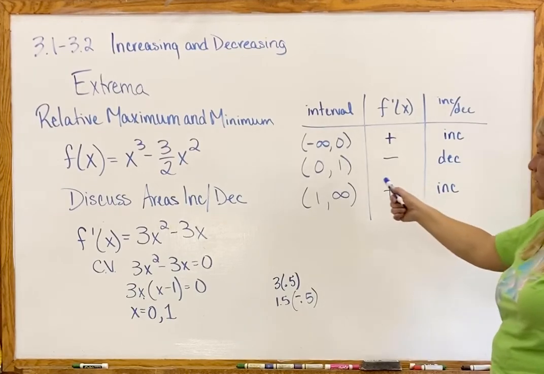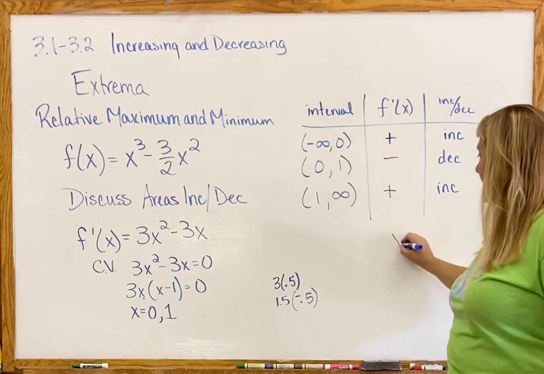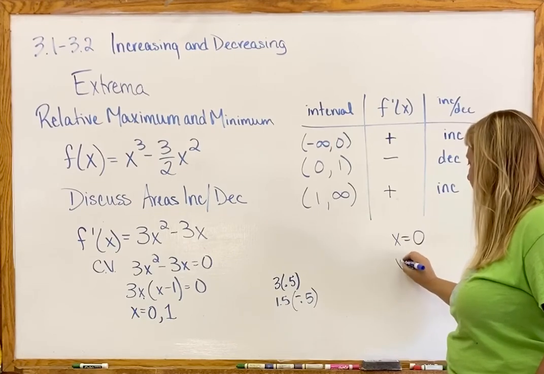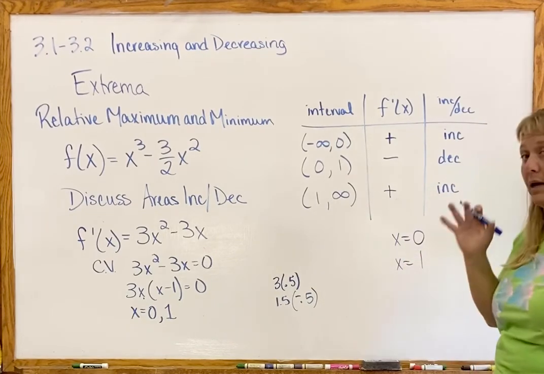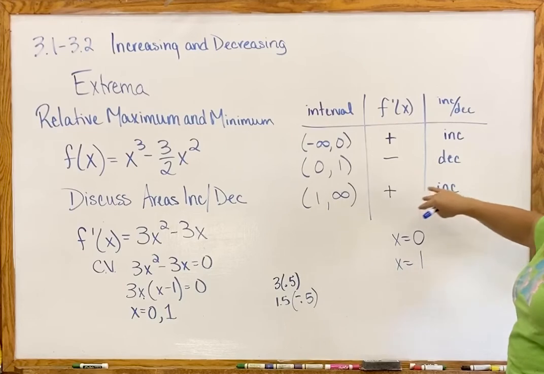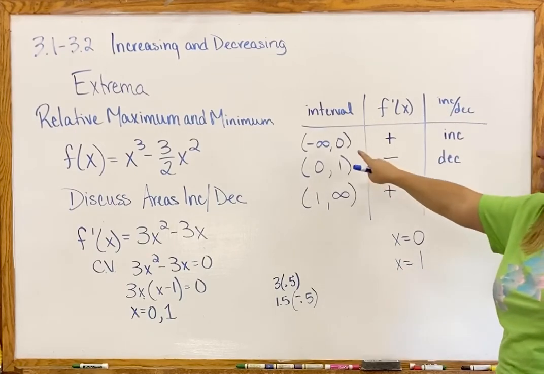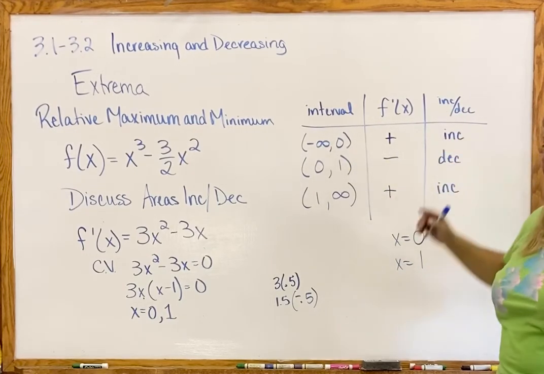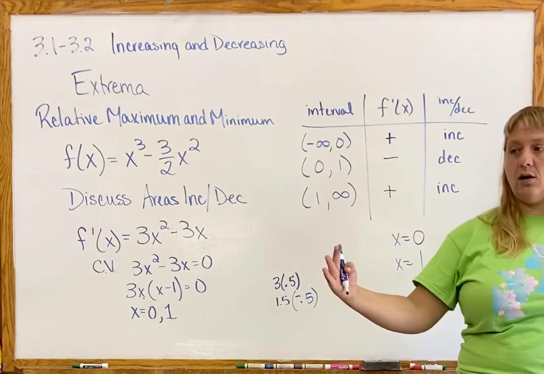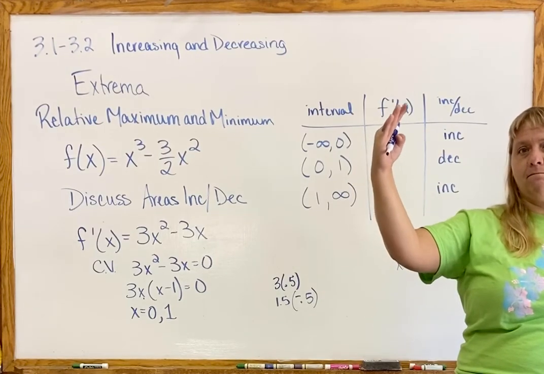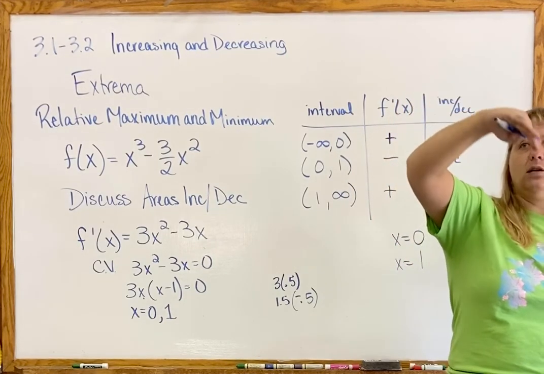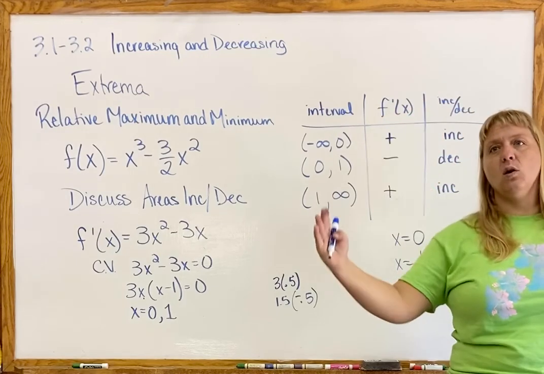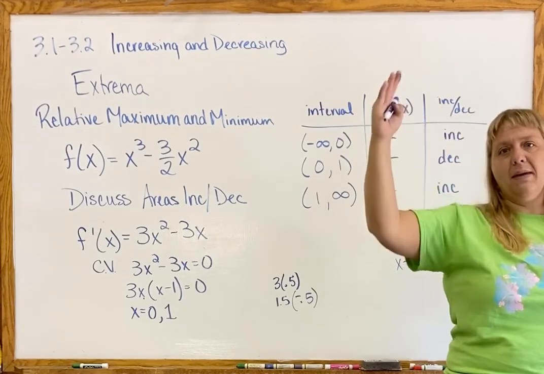Now, we still have these two values at x equals 0 and at x equals positive 1 that we need to discuss. We've looked at the areas of increasing or decreasing, but now, for 0, the graph goes from increasing, and then at 0, it turns and goes decreasing. So when you think about that, what does that make up here?